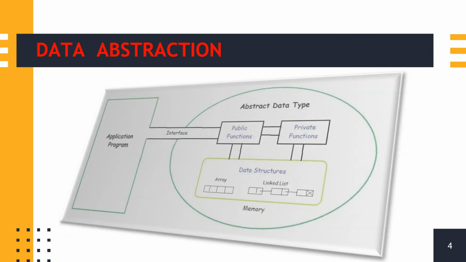Now you see the diagram: the application program interface. Here, for abstract data types, the interface goes to public functions and then private functions. Both go to the data structure, in memory, here also array and linked list. So this is an abstract data type.